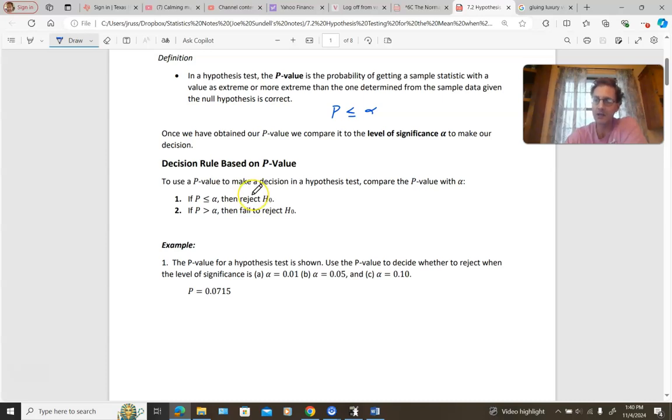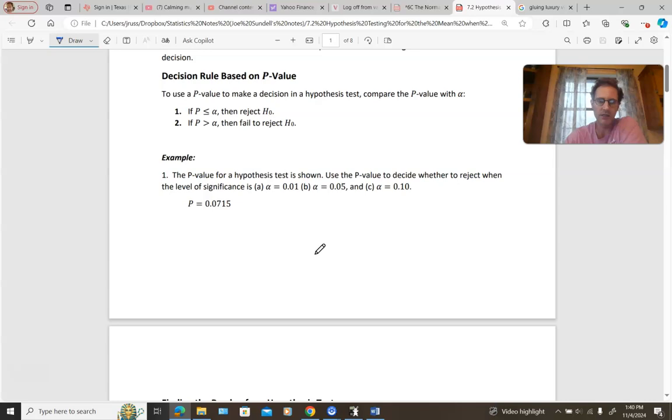That the mean is not actually what we hypothesized, and that it's probably some other value, probably a value closer to our actual sample statistic. And then if p is greater than alpha, then we fail to reject the null hypothesis. And in a sense here, guys, this means we're accepting our null hypothesis.